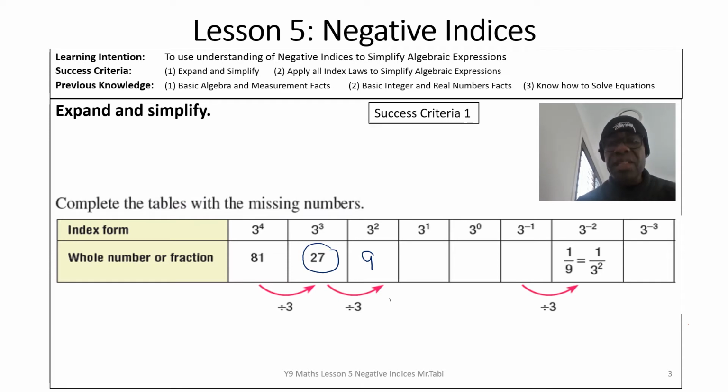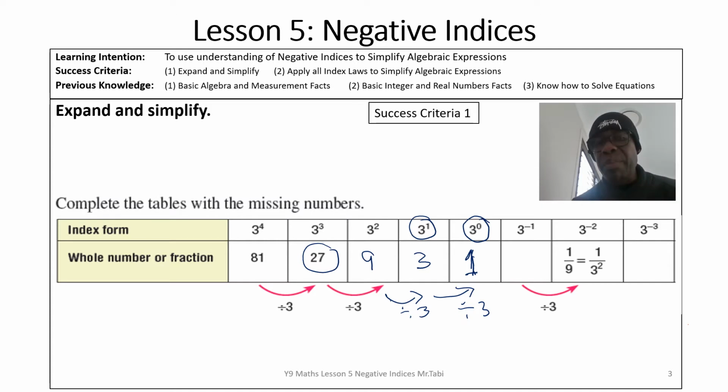So to find the next one, we divide by 3. 9 divided by 3 is 3, which is the 3 to the power of 1. Will the pattern stop? Of course it's not. So we divide by 3 again, and 3 divided by 3 equals what? 1. So it tells you that 3 to the power of 0 is 1, as we realized from the 0 power in our previous lesson.